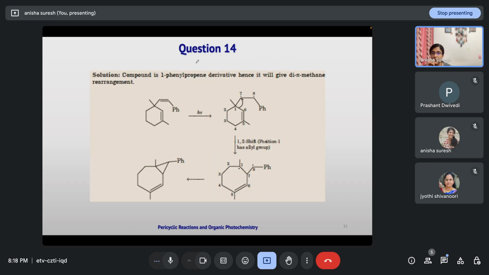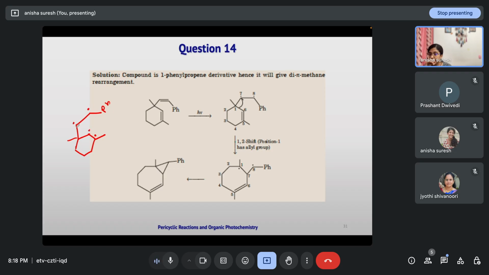Let us see. Upon irradiation, these two radicals will be forming, or we can say like this, with the phenyl, these two radicals and these two radicals can form.